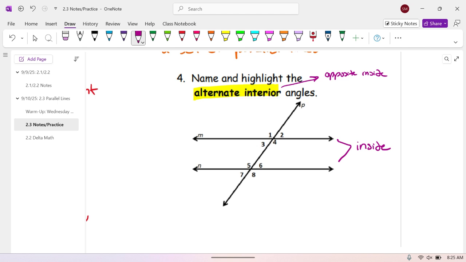They're outside of the parallel lines. The transversal dictates opposite or same side. When we're talking about opposite, we're talking about opposite sides of the transversal. So inside the parallel lines, opposite sides of the transversal.